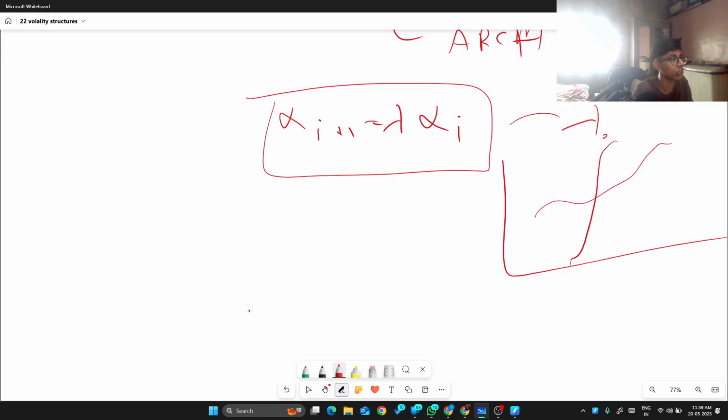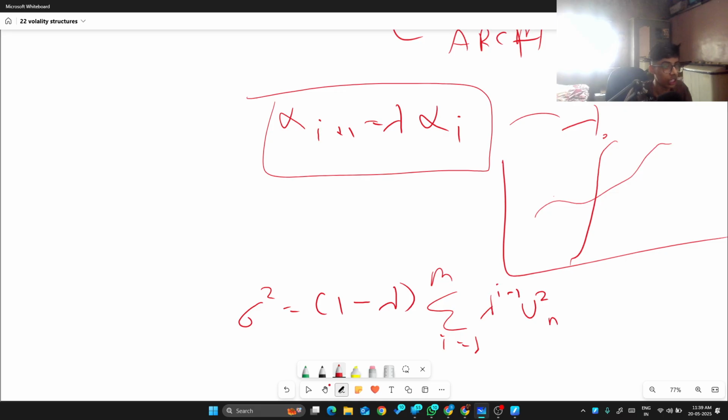Its final model is sigma squared variance rate, where 1 minus lambda is the rate, sum over i equal to 1 to m of lambda to the i minus 1 times u squared n minus i, plus lambda to the m times sigma squared n minus m.